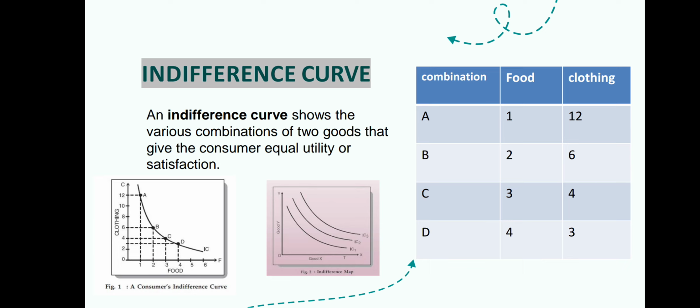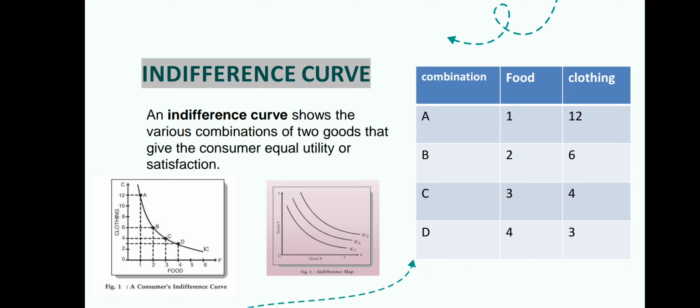Here in this table, we can say that in the first column, in combination A, there is 1 unit of food and 12 units of clothing. In the next combination, denoted by B, there is 2 units of food and 6 units of clothing.